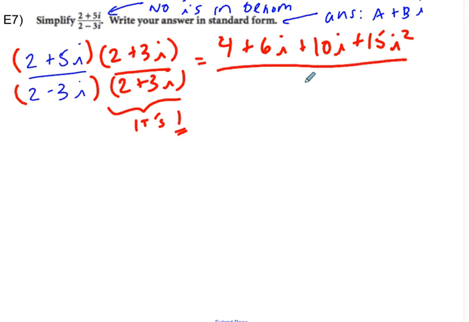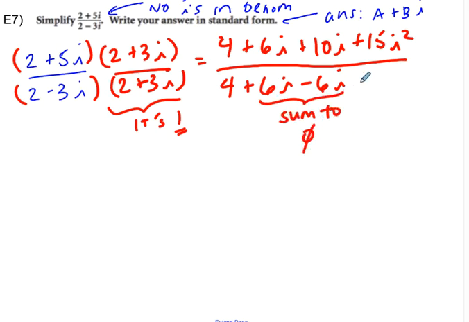In the denominator, the i's are going to cancel, as we've already seen. My first is going to be 4, but my outer and inner are going to sum to 0 because they are a plus 6i and a minus 6i. That's not an accident. That's what's supposed to happen. If it doesn't happen, you multiplied wrong. And then I get a minus 9i squared. But remember, my i squareds aren't really i squareds, they're negative 1s.